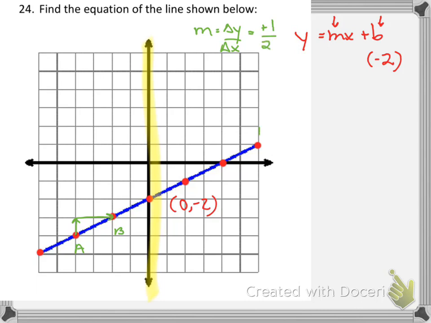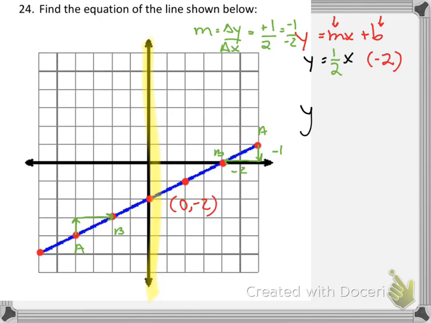I could also think about going from here to here, right? Well, that would be down 1, which is negative 1, and left 2, which is negative 2. Well, think about it. Negative 1 over negative 2 is the same as positive 1 over positive 2. So either way, my slope ends up being positive 1/2.